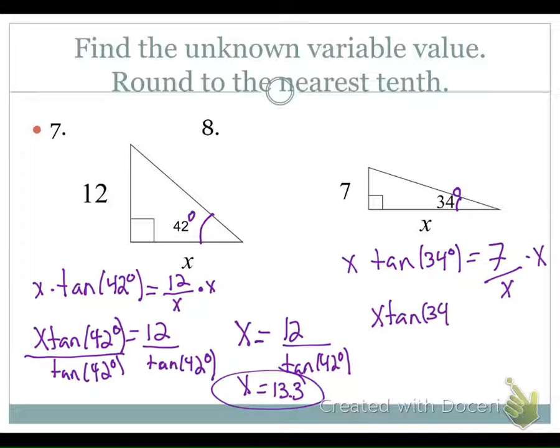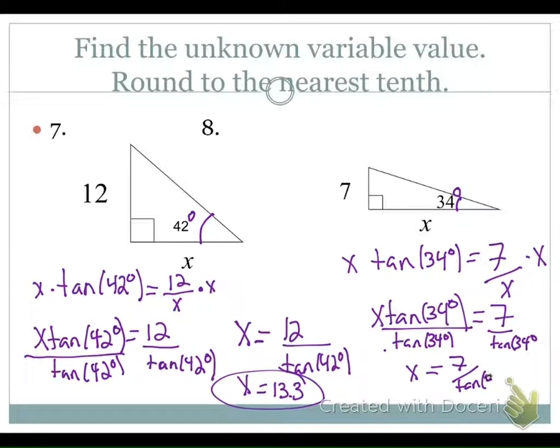Tan of 34 equals 7. We need to get that tangent to the other side. So x equals 7 divided by tangent of 34. It's 10.4. Do you guys agree?